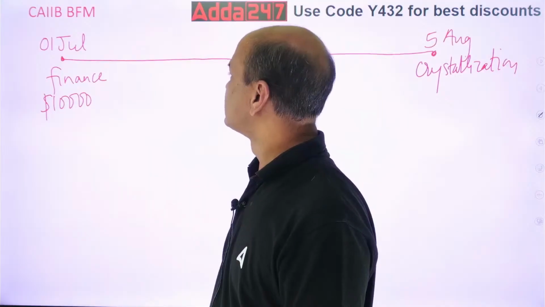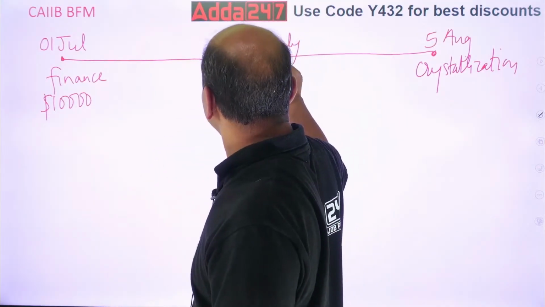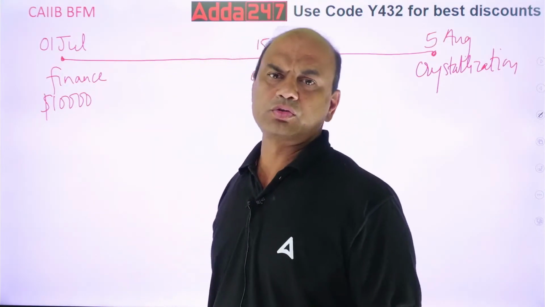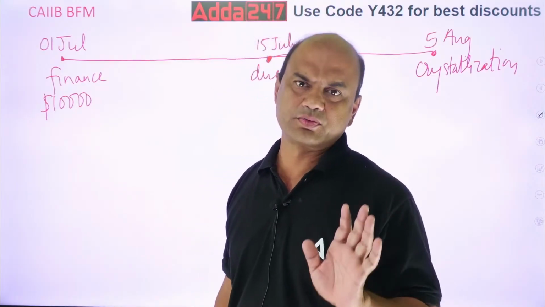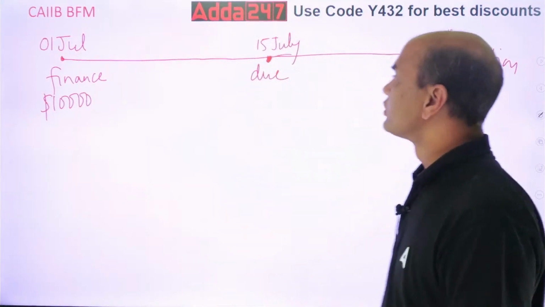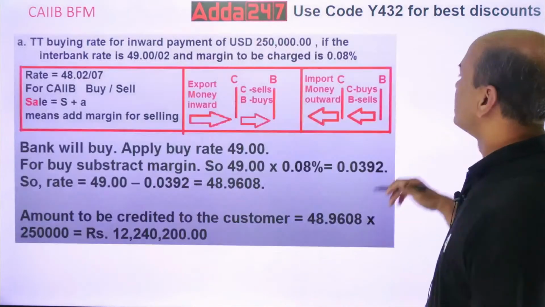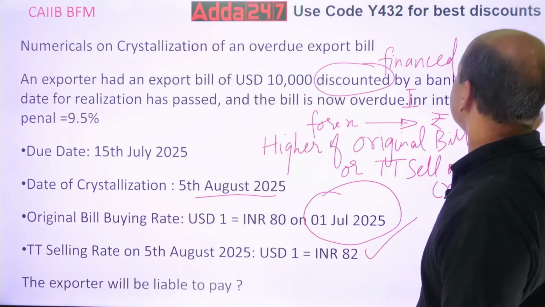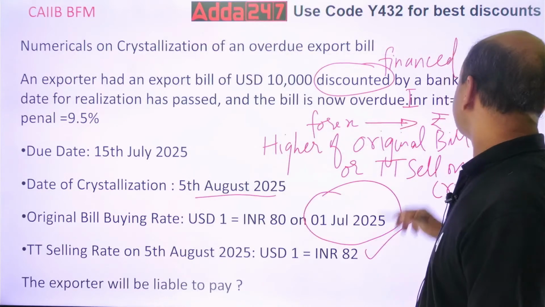Now for interest, up to the due date you should always charge the normal rate of interest. What is the INR rate of interest that you should charge? 7.5%.